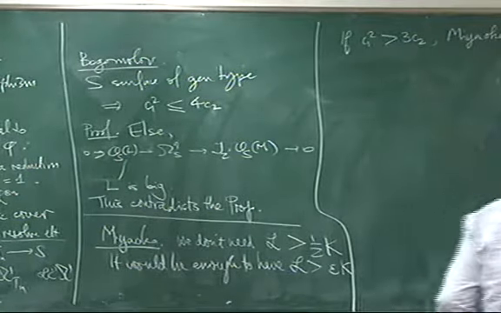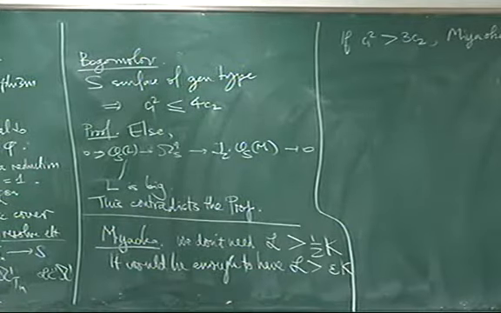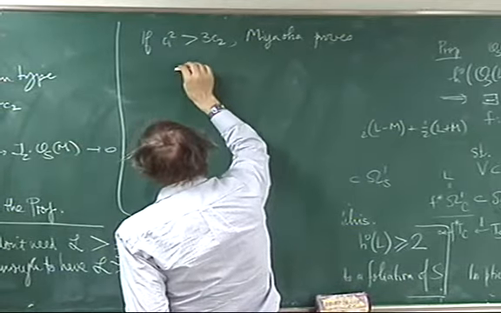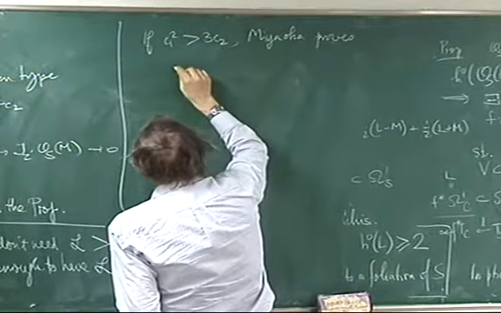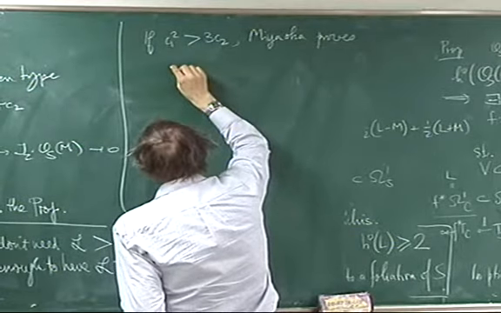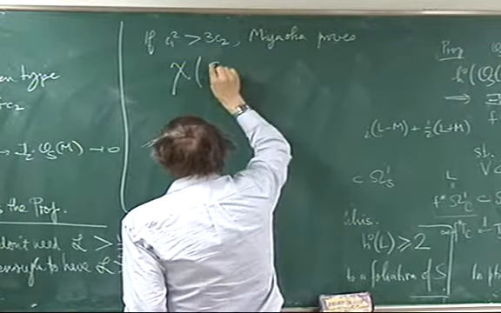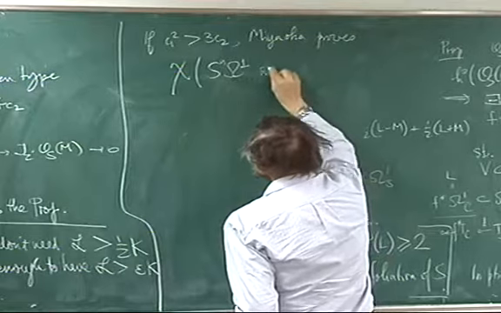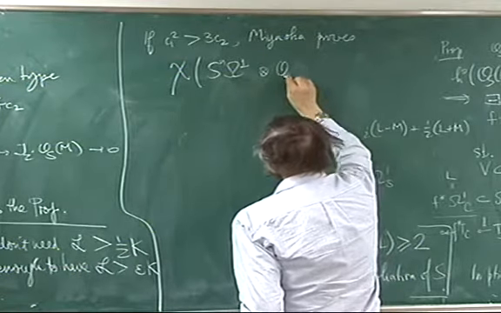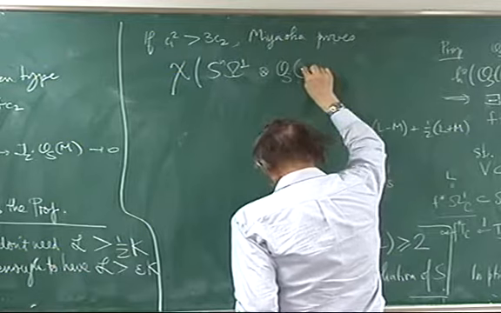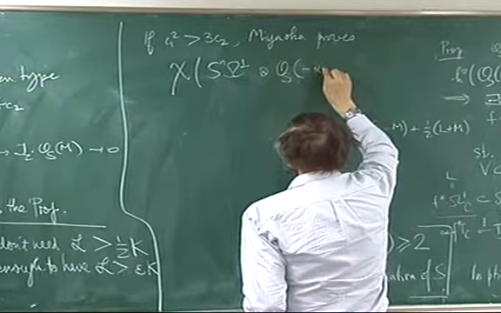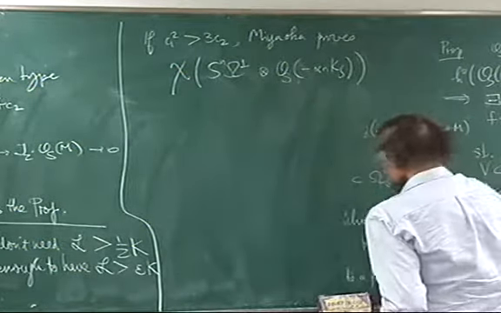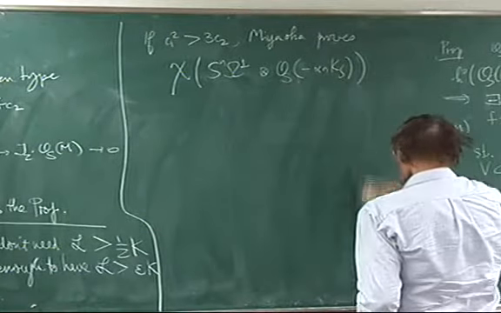If you're proving a contradiction, you can express it in many other ways. In particular, he proves that chi of Sn of omega 1 tensor OS of minus alpha n ks grows like n cubed.